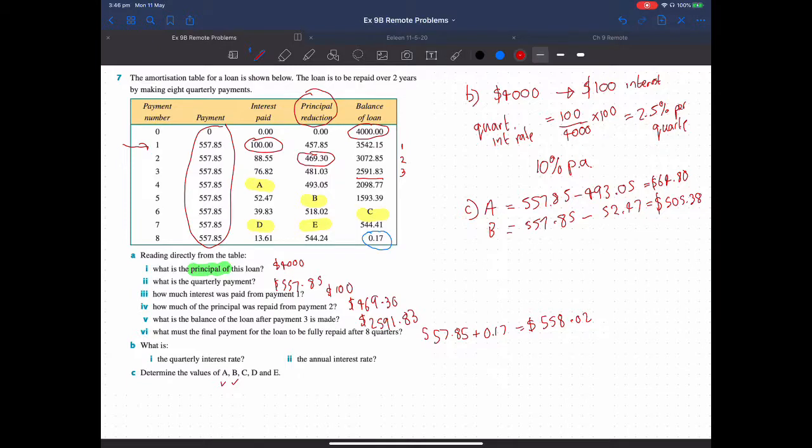So $4,000 minus $457.85 is $3,542.15. So if I was going to find C, the previous balance was equal to $1,593.39, and we're reducing that by $518.02, then I would subtract those two numbers, and that would give me $1,057.37.